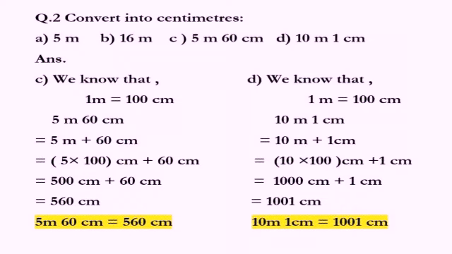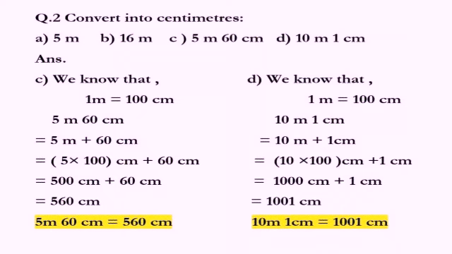In question number D, again I have followed the same procedure. We know that 1 meter equals 100 centimeter. So the question is 10 meter 1 centimeter into centimeter. So first separate, then convert, then add, then you get the result. So 10 meter plus 1 centimeter. First of all you need to convert meter into centimeter.